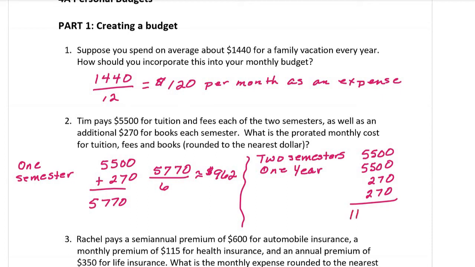So that's $11,540. So we take that amount, divide it by 12, and that gives me $962. So you would need to incorporate $962 into your budget as a monthly expense.